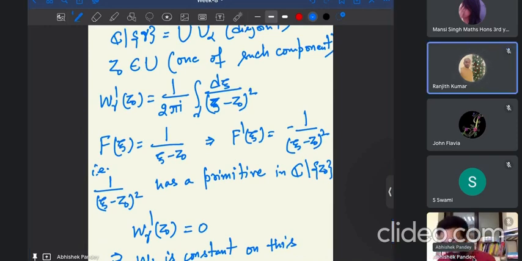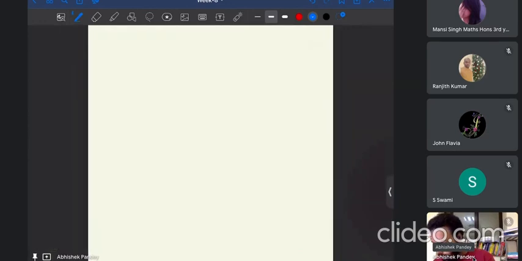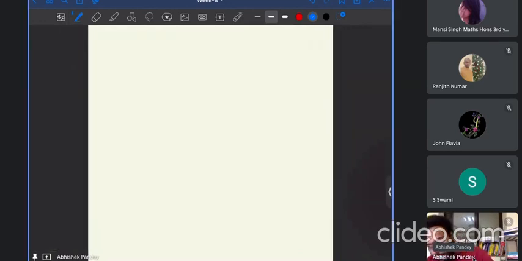Okay. Now let us see something. So now let us see an important case. In this case, I will assume the Jordan curve theorem. This is interesting.